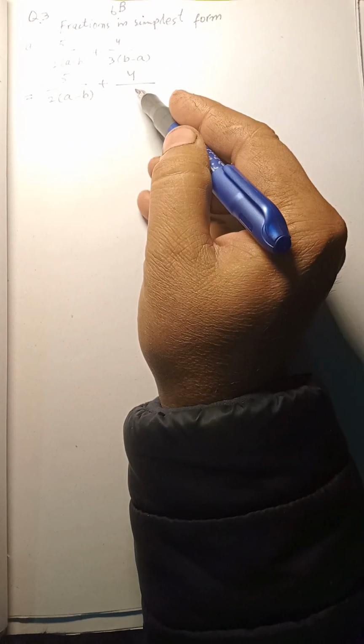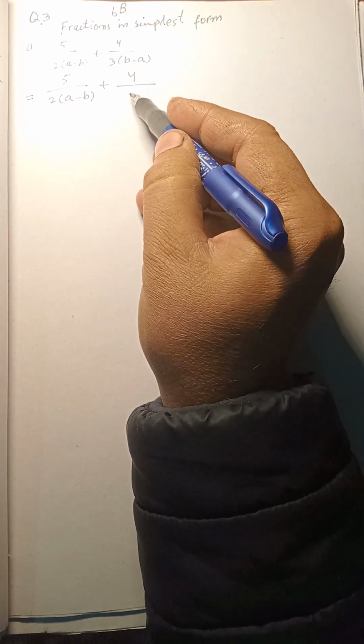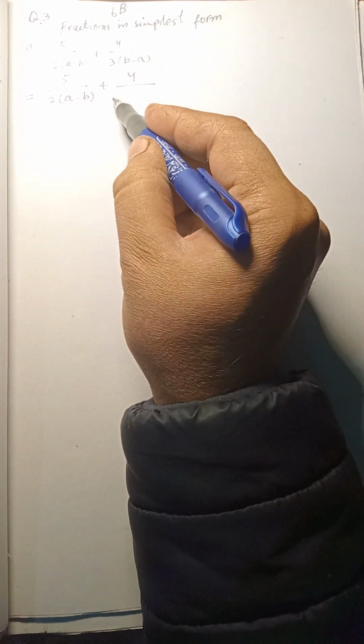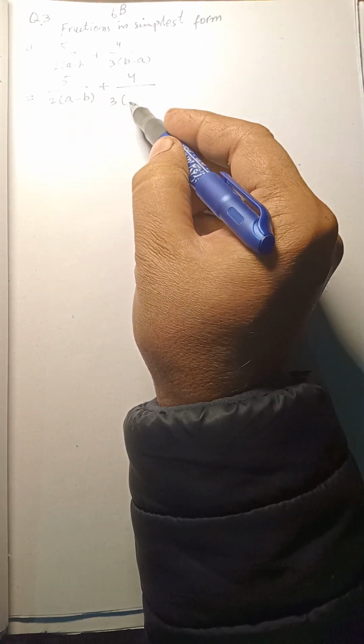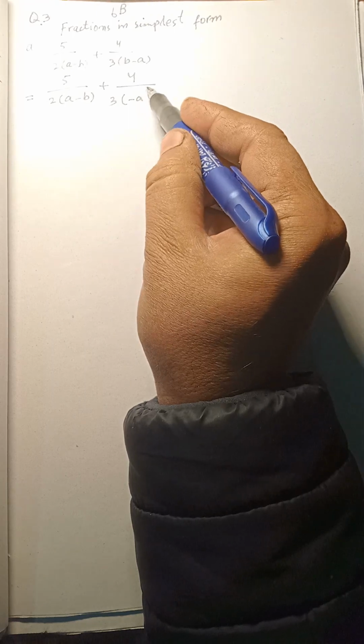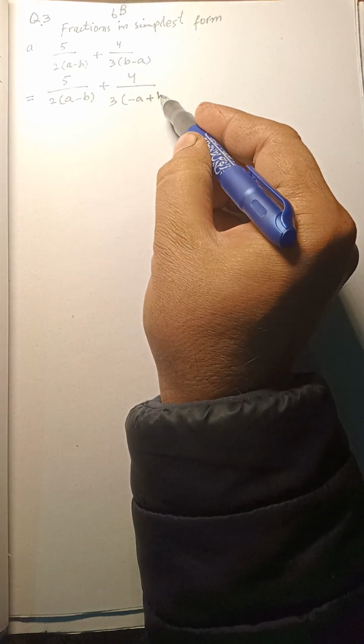Here 4 over 3 into (b minus a), and we can change this arrangement as minus a plus b.